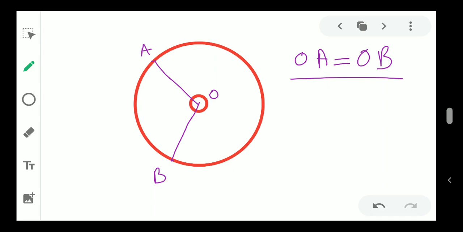So if I just say the ball has covered 5 centimeter distance, what will you think? The ball can come here, the ball can come here, because these are all 5, because the radius is the same all over the places.